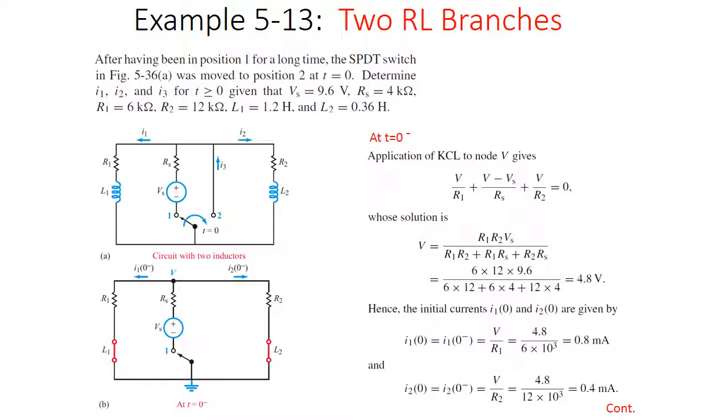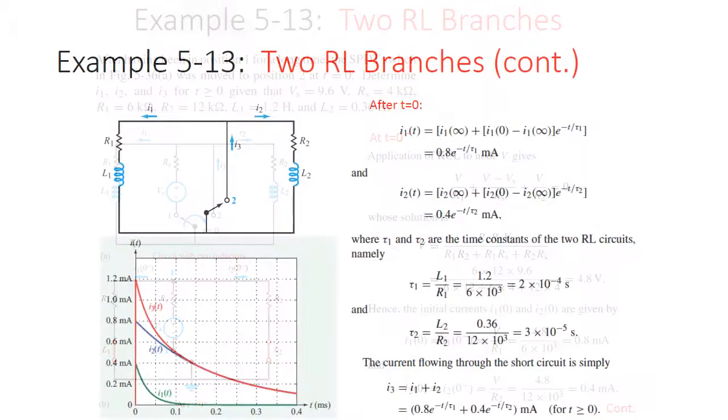That makes sense because of the values of the resistors, too. R1 is half the value of R2, so I2 is going to be half the value of I1. So that solves out our initial currents.